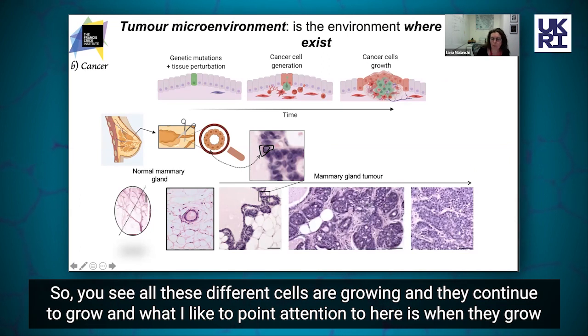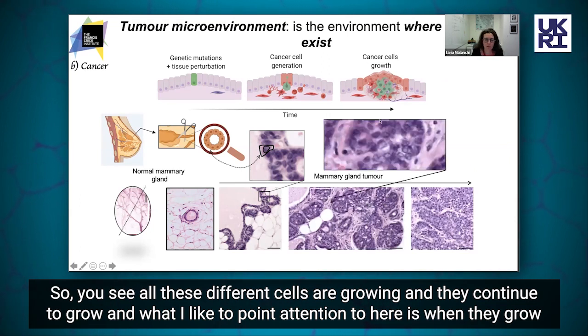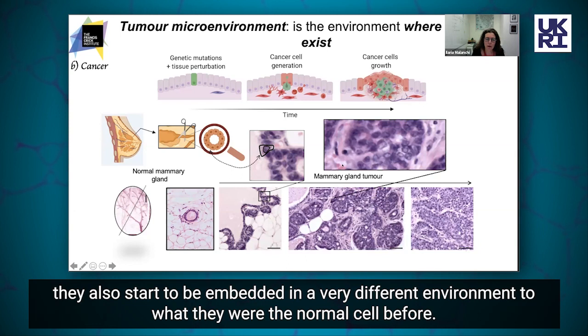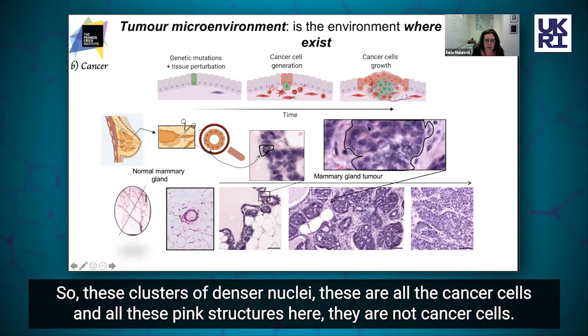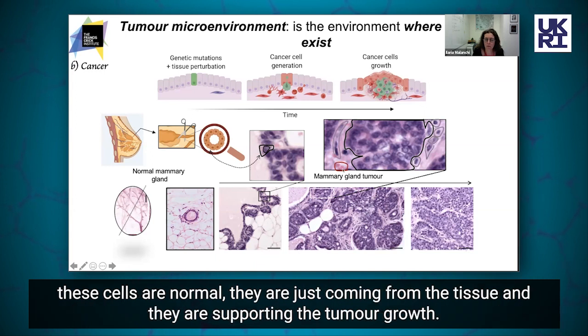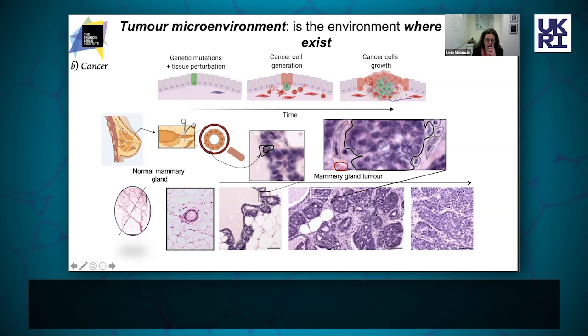What I'd like to point out here is that when they grow, they also start to be embedded in a very different environment from what they were as normal cells before. This cluster of denser nuclei, these are all the cancer cells, and all this pink structure here, they're not cancer cells. These cells are normal, they're just coming from the tissue, and they are supporting the tumor growth.